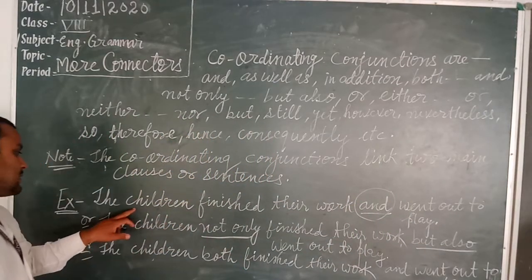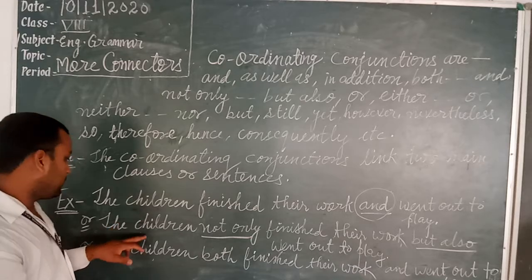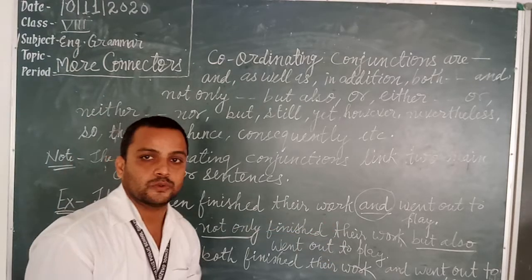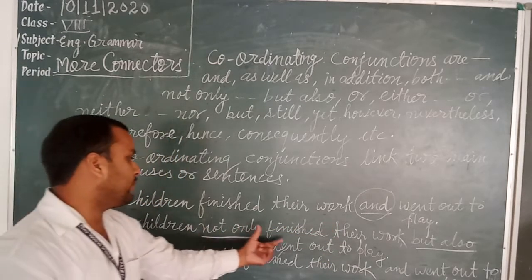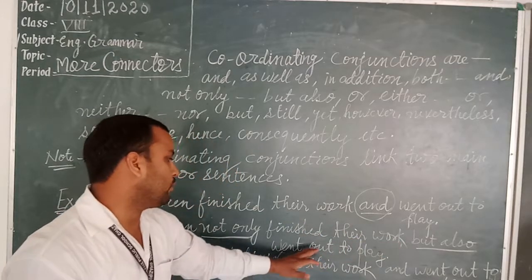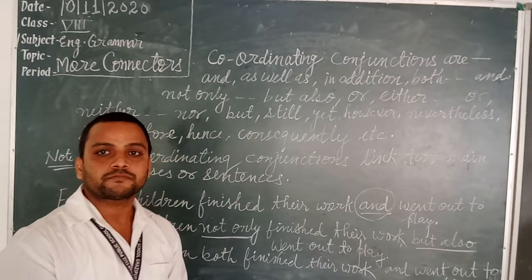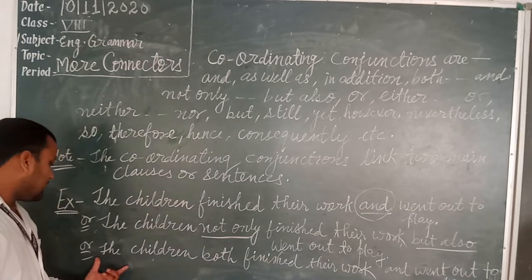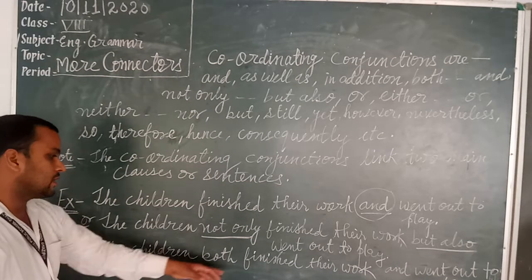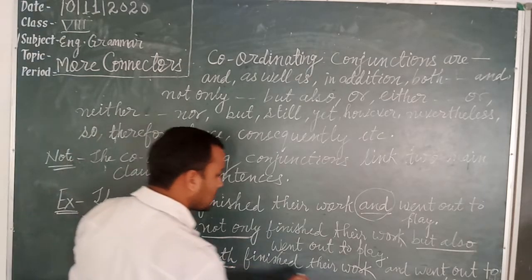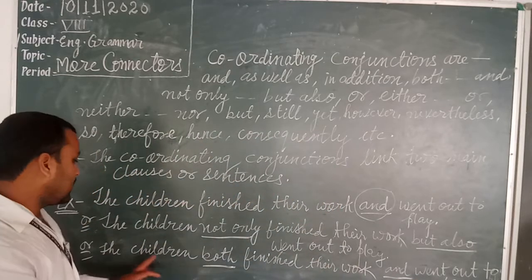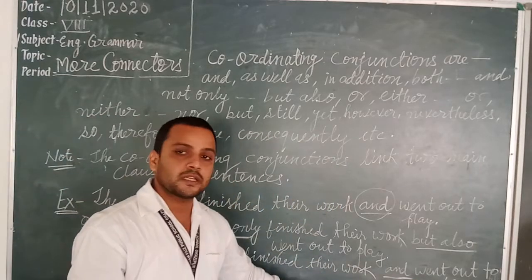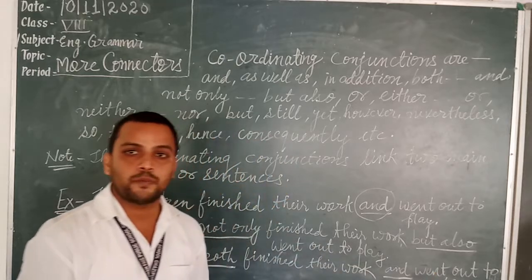Now see, this sentence can be combined with not only but also. The children not only finished their work but also went out to play. This sentence can be combined with both and. The children both finished their work and went out to play.